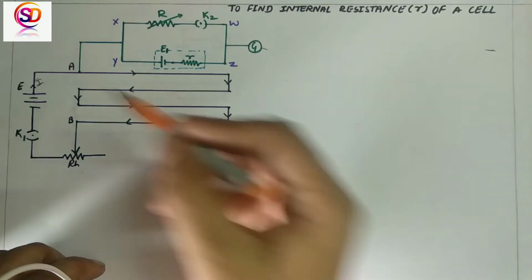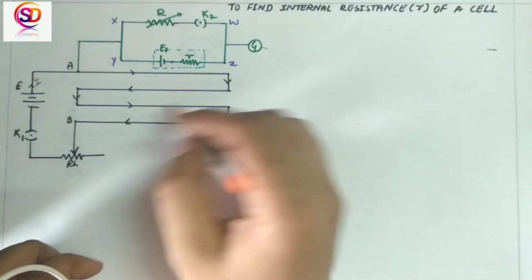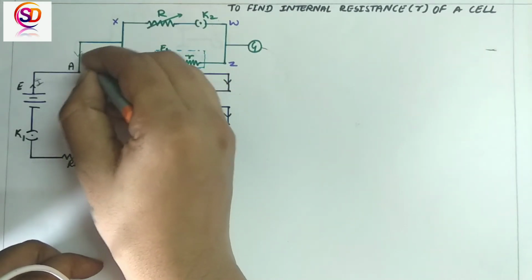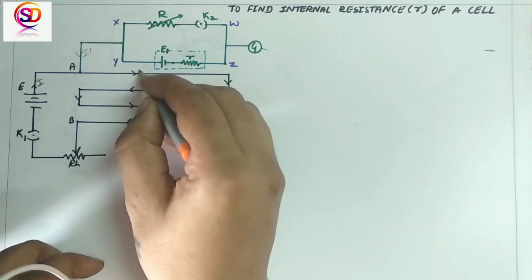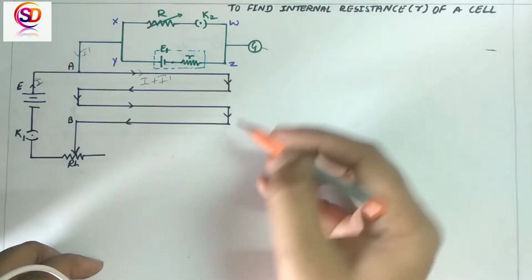In this case, I starts flowing through this potentiometer wire, and because of this cell, say I dash comes into action. So in total, I plus I dash starts flowing in this potentiometer wire.